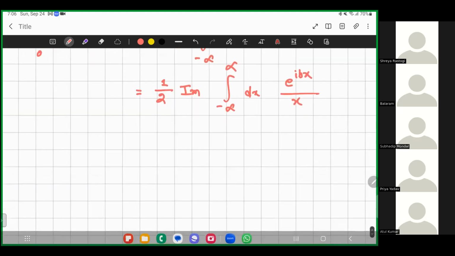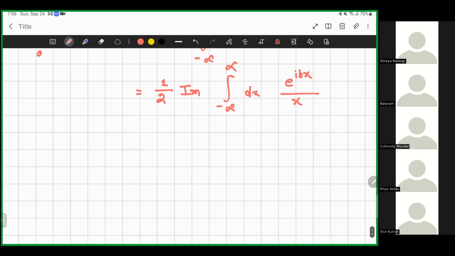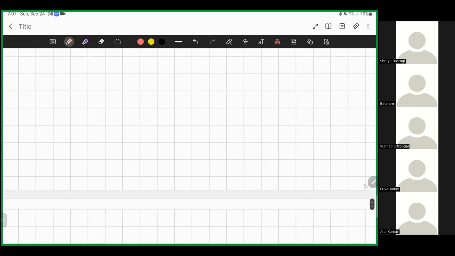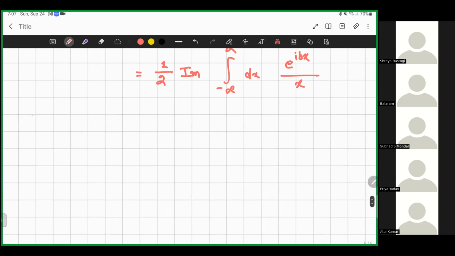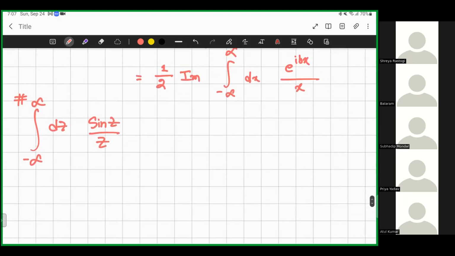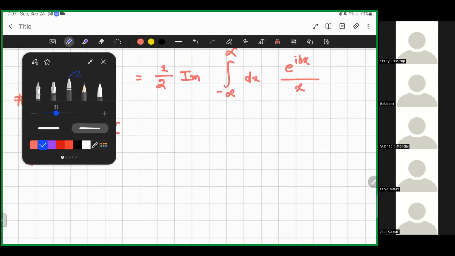Again, this integral we have to evaluate. Now, we should write the z. Okay, let me write it x here, then we will compare it. Now, if we consider a function integral like dz sine z over z from minus infinity to infinity, here z is a complex variable.